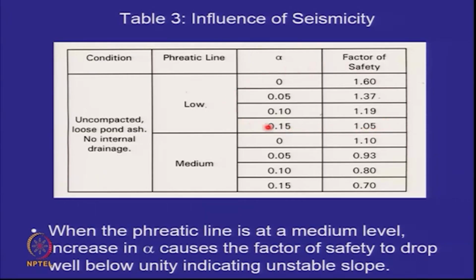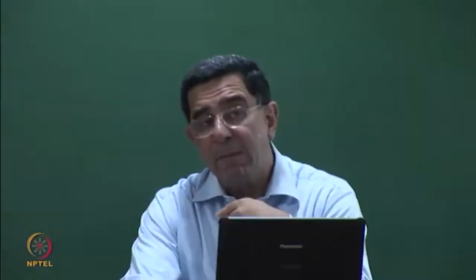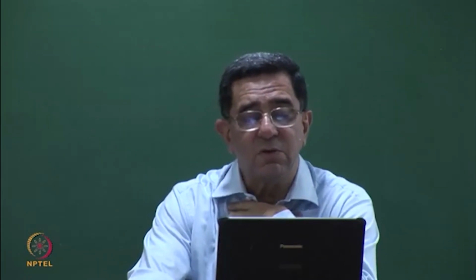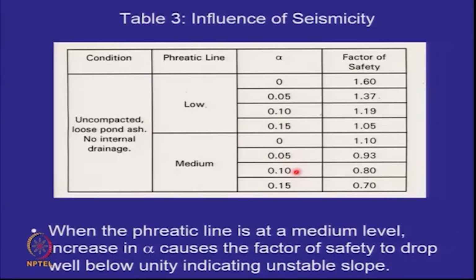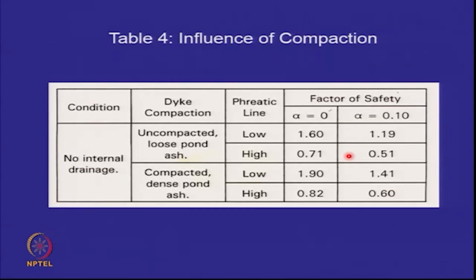The slope still remains stable, because 1.05 is the acceptable factor of safety for a small duration event. However, in the medium phreatic line case, where the factor of safety was above 1.1, during an earthquake it falls to 0.7, indicating again that if you have a medium level of the phreatic line and an earthquake comes which is above 0.05 g in the horizontal acceleration, your embankment is likely to fail.